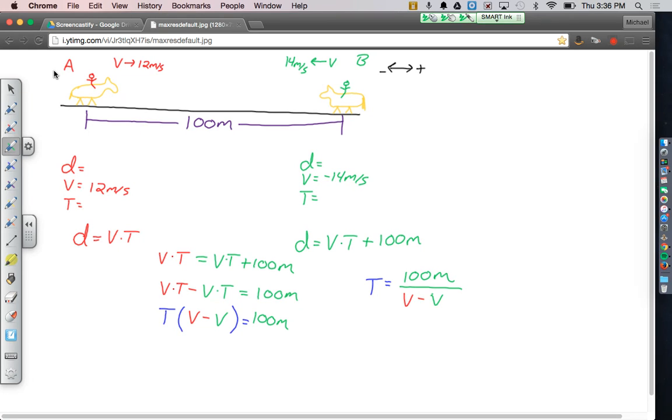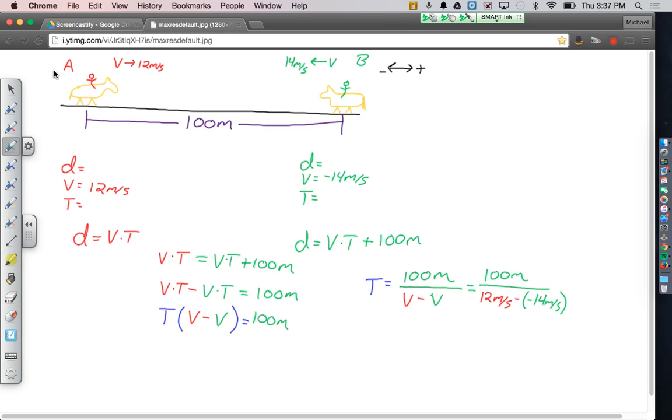Now I can plug in some numbers. My numerator remains unchanged at 100 meters. In the bottom, Albert has a velocity of 12 meters per second, and Benedict has a velocity of negative 14 meters per second.